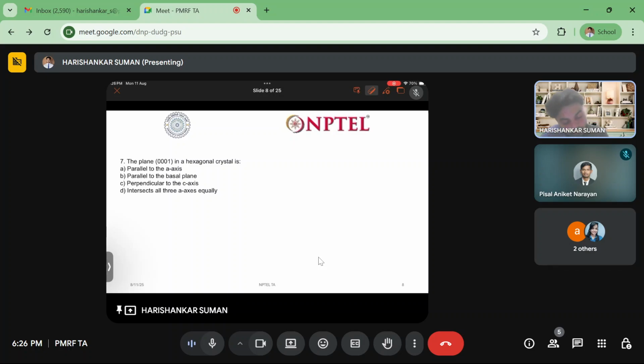Next question: the plane 0, 0, 0, 1 in a hexagonal system is parallel to axis, parallel to basal plane, perpendicular to c-axis, or intersects the three axes equally.